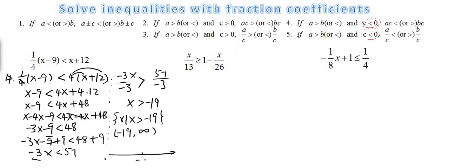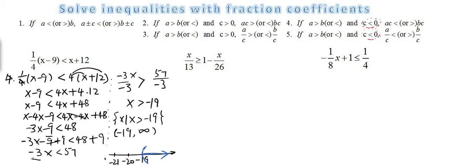For example, negative 19, negative 20, negative 21. And be careful, here we don't have the equal sign. That means we start here, so we use a round bracket.